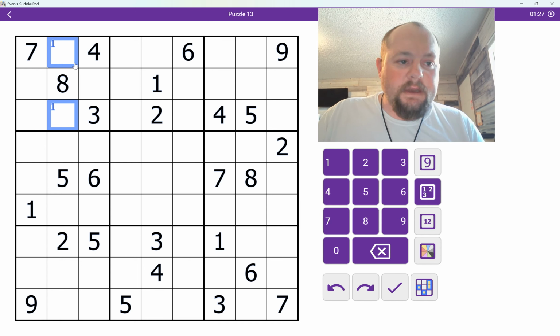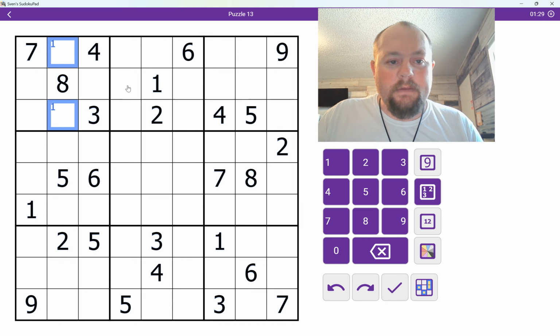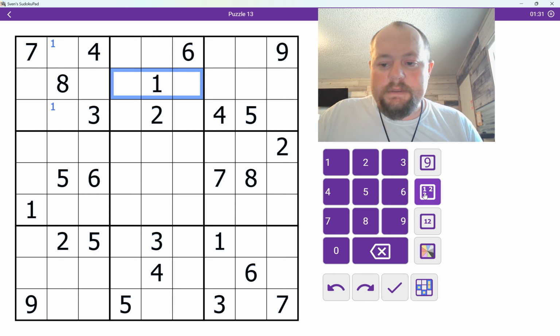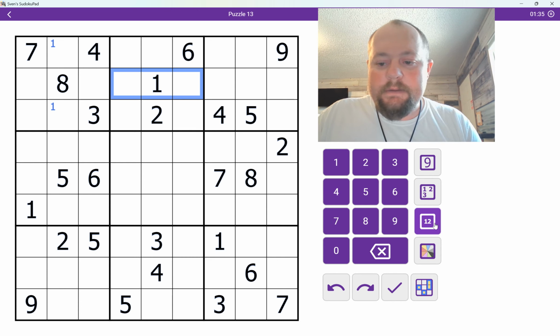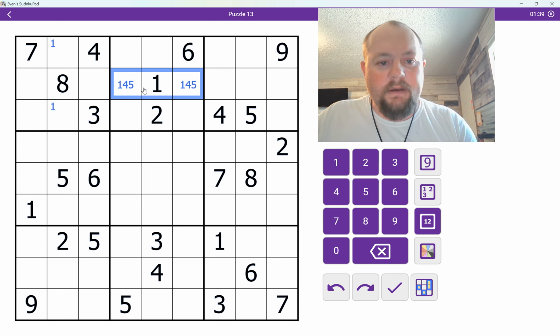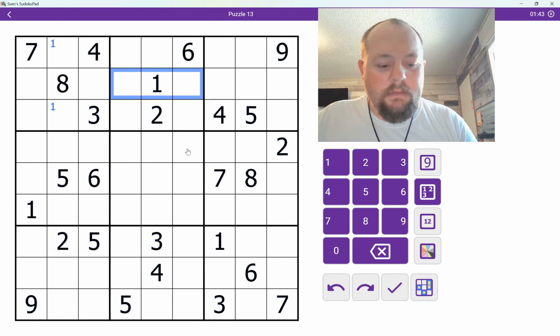There are 2 different types of notation: corner and center. This is a corner; this would be center if you're using Sven Sudoku Pad. The center puts them in the center, obviously, 1, 5, however many digits. And if I select corner, it puts them in the corners. There are 2 ideas behind this.